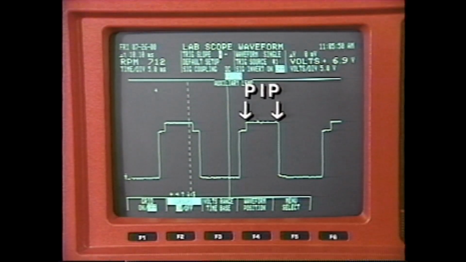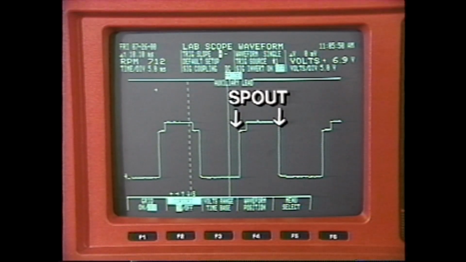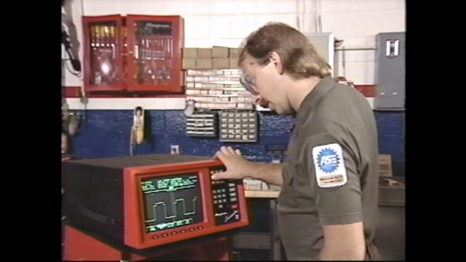The second leading edge to the trailing edge is part of PIP, the profile ignition pickup signal, which comes from the distributor and monitors crankshaft position and provides information for base timing. The leading edge at the front to the trailing edge is SPOUT, the spark output reference signal, which triggers coil firing and regulates dwell.